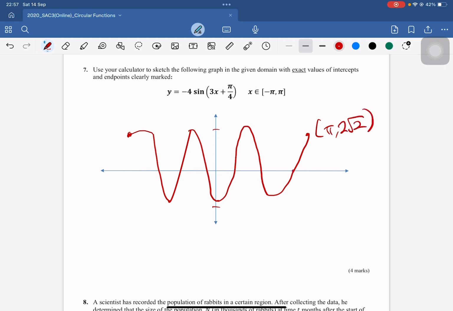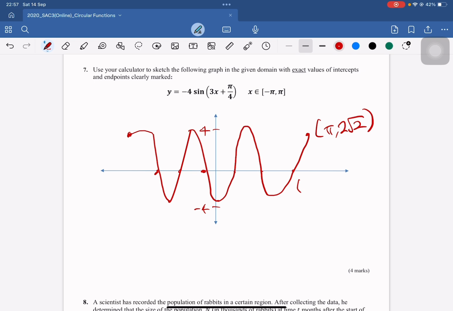There's going to be a couple of intercepts. So this is the endpoint right here: pi and 2 root 2, which is one of the endpoints.